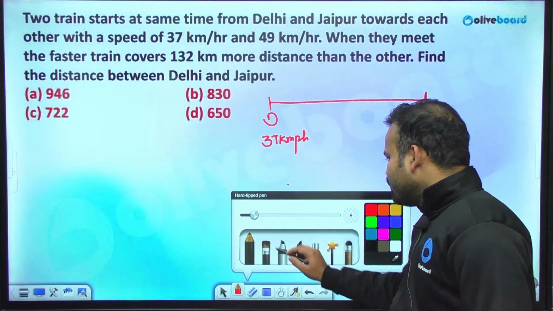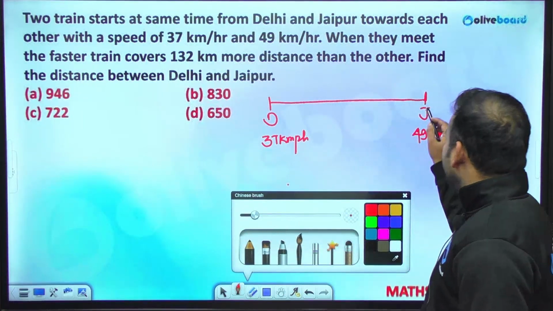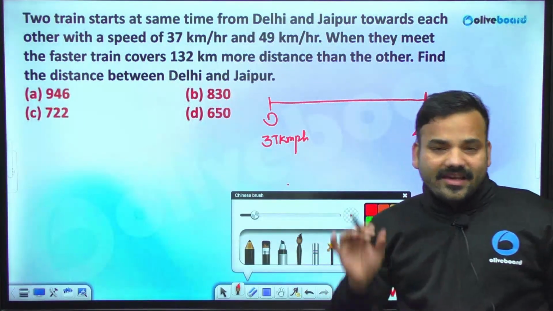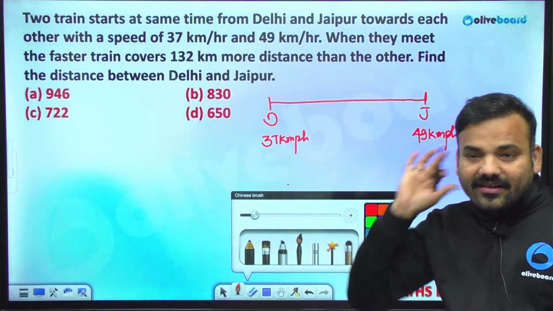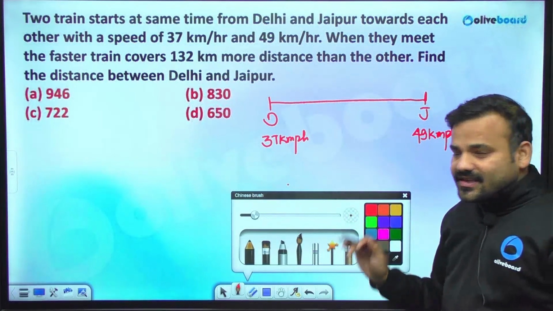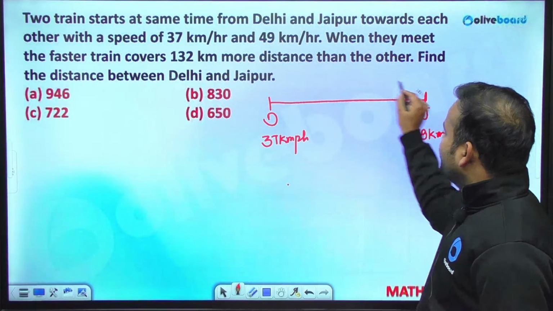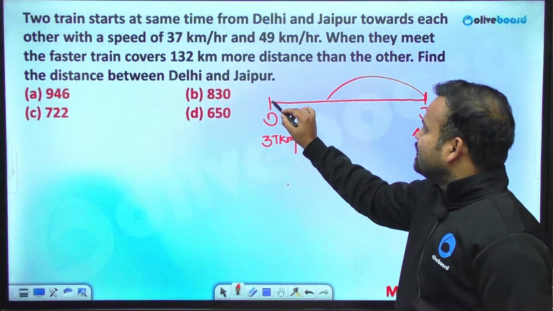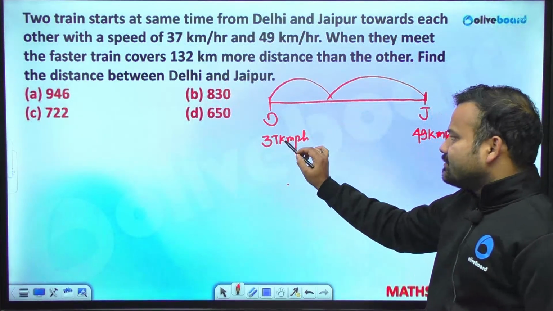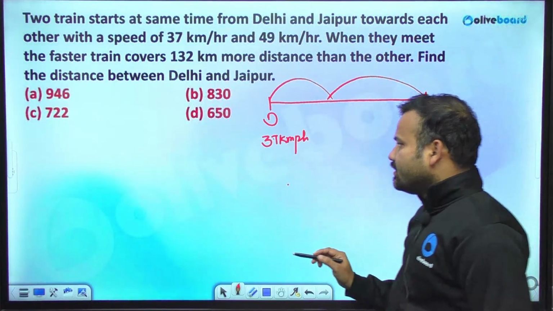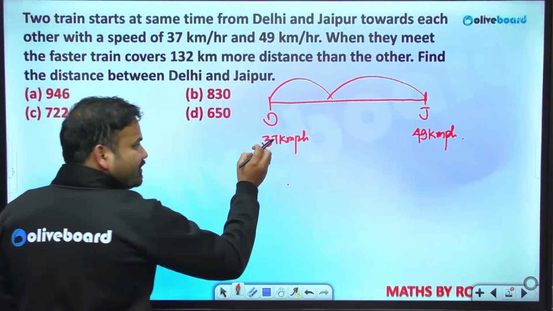So they are traveling towards each other, so basically the time of meeting will be the same, right? Remember this thing: time of meeting is always the same. So this particular train will be covering a larger distance as compared to the other train, only because the speed of the other train is less.